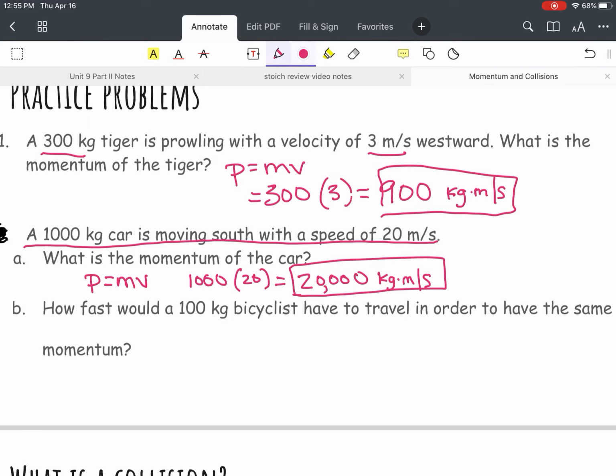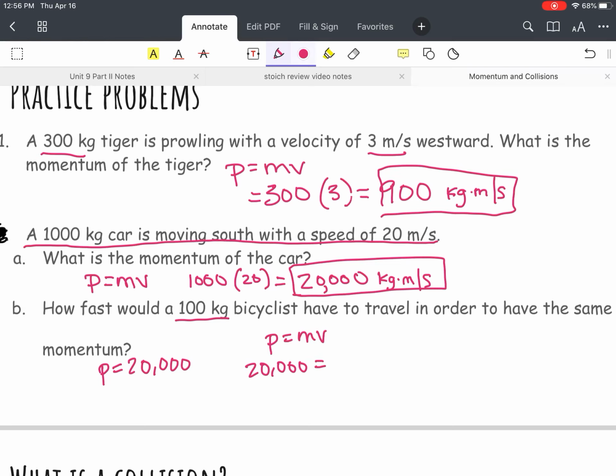All right, so with B, it's saying, how fast would a 100 kilogram bicyclist have to go to have the same momentum? So my momentum is going to be the same as the car, that 20,000. How could I plug that into my formula? P equals mv, right?